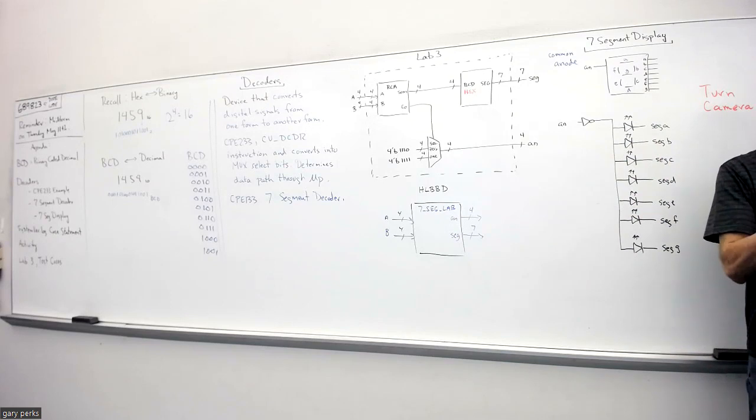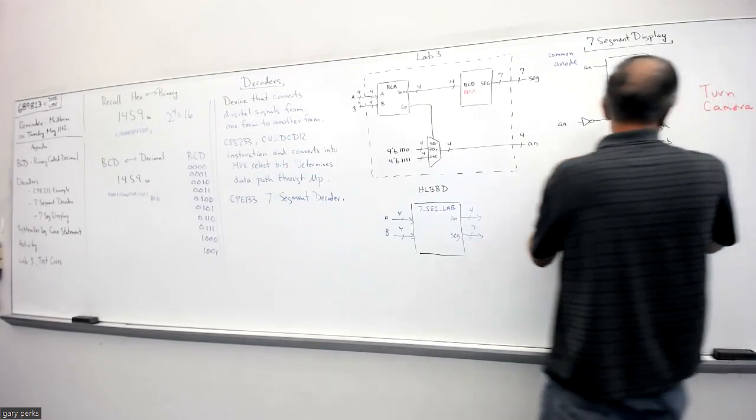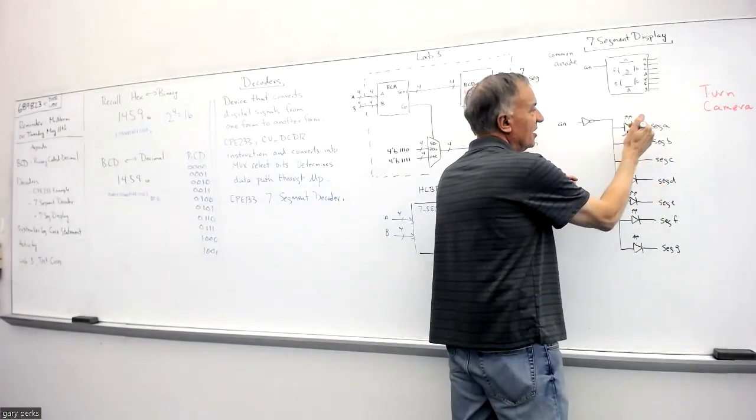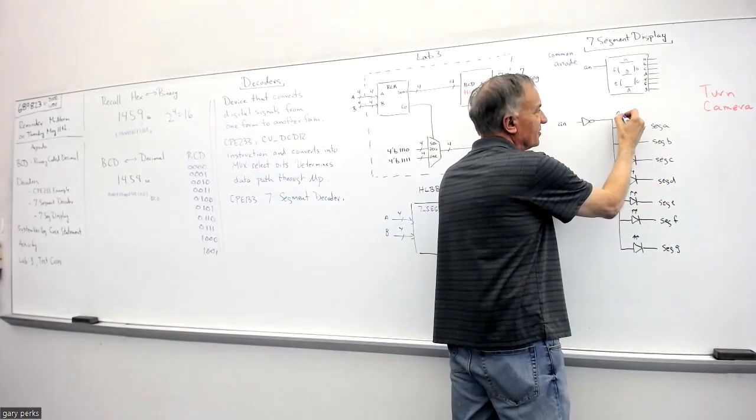An LED is just a diode that can emit light under the right conditions. And this is a diode circuit symbol. The arrow, that's the input side.